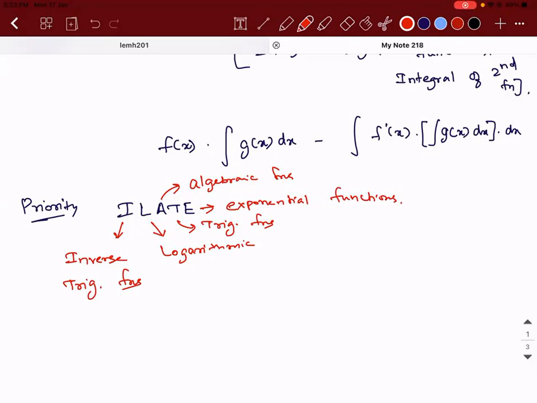So what is the meaning of this? If you have a product of, let's say, algebraic and trigonometric, which one should be considered as function number 1 and which one as 2? If you have a question which is an integral of algebraic into trigonometric function, which one should be considered as 1 and which one as 2?